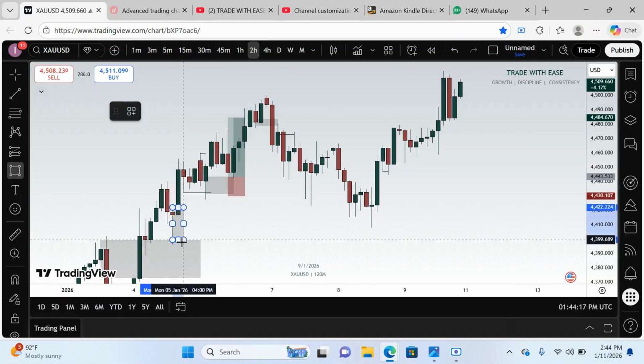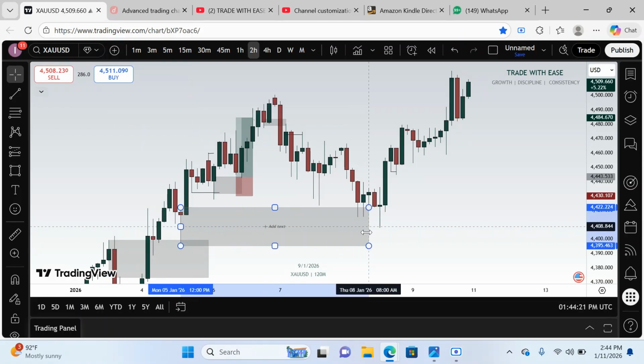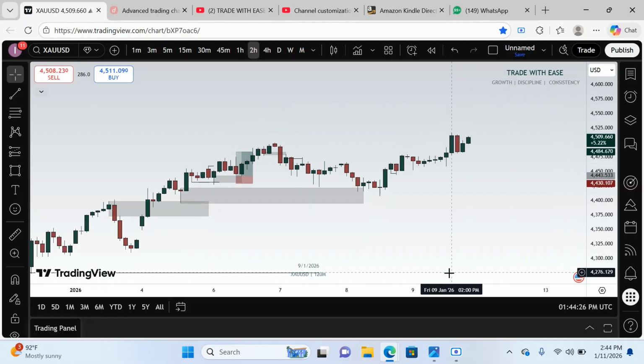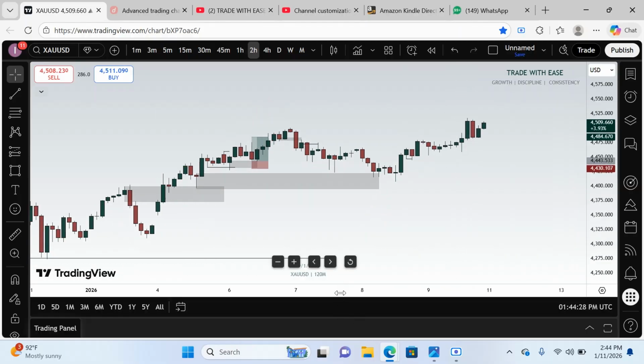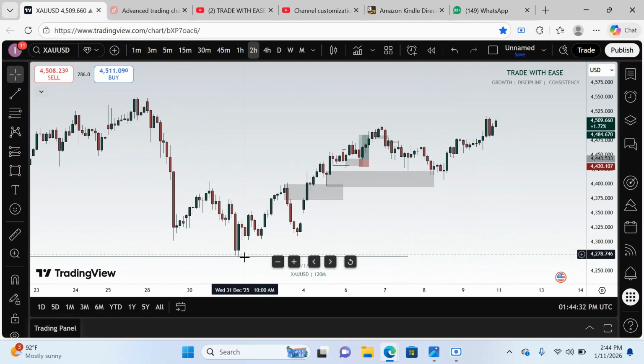Price came to this other block on higher time frame. Can you see? Price came to this other block right here because we have a buy order flow, because we're already buying.